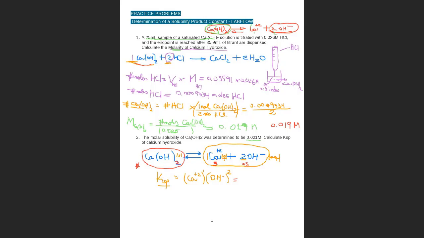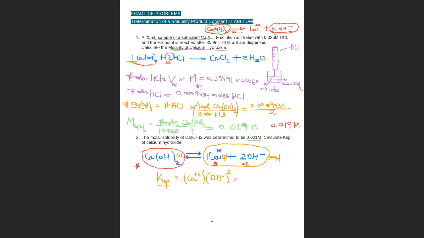So answering your question, we don't know how much. All we know is that we have a solid here. You can use a table if it helps. But the important part is that if this is the molar solubility, then it's double for the hydroxide ions, because we don't have any more information.